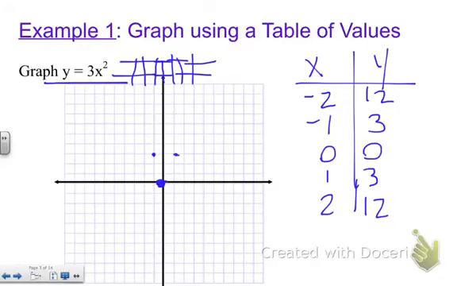Okay. So at negative 2 and positive 2, I'm all the way up at 12. Okay, and that gives us enough points to then draw our parabola.